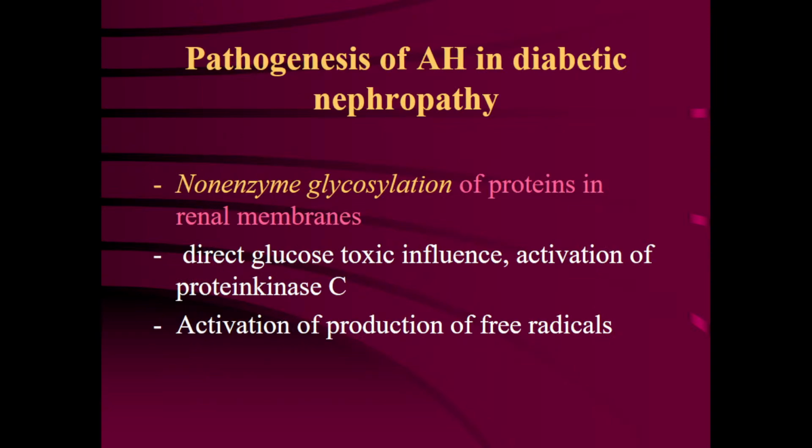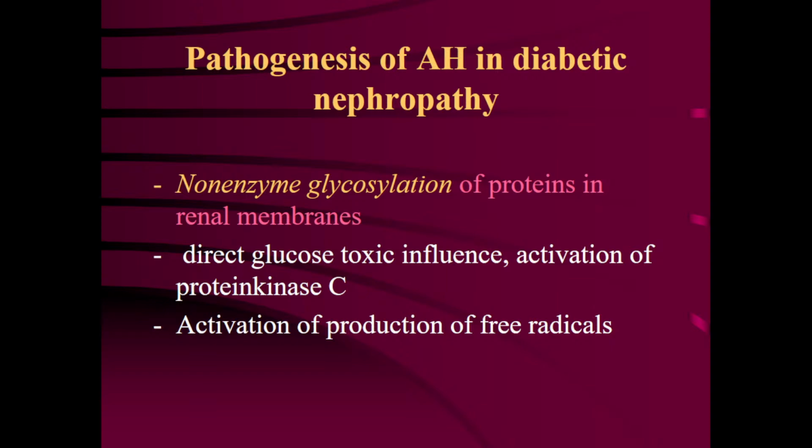Pathogenesis of arterial hypertension and diabetic nephropathy is the following. First of all, initially non-enzyme glycosylation of proteins occurs in renal membranes. Non-enzyme glycosylation because of the presence of chronic hyperglycemia.